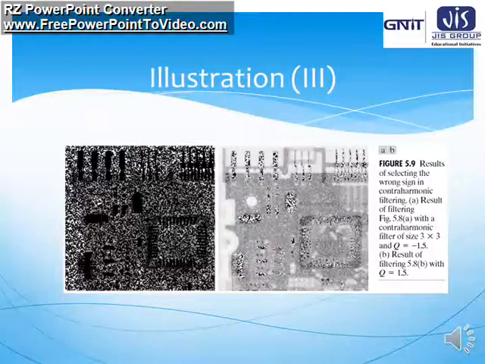This is another illustration, example 3. Here the results of selecting the wrong sign in this contra harmonic filtering have been shown.